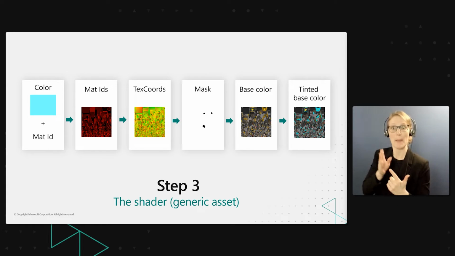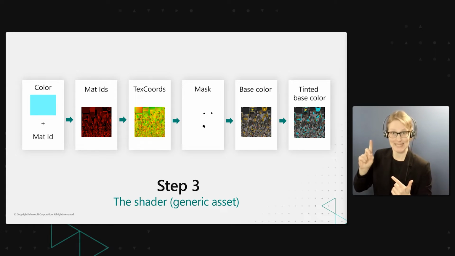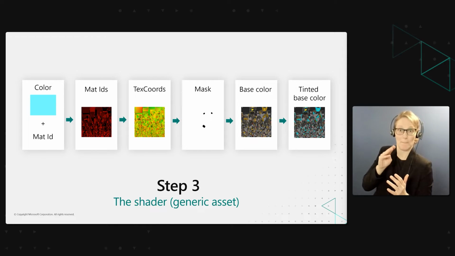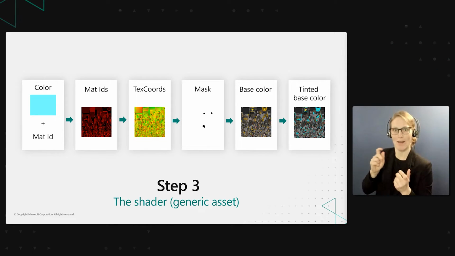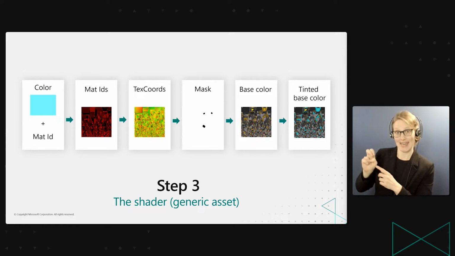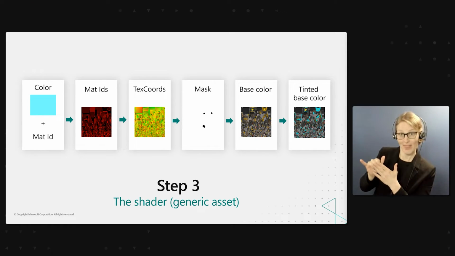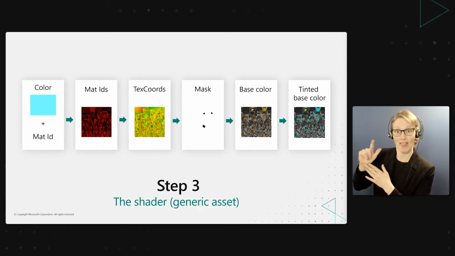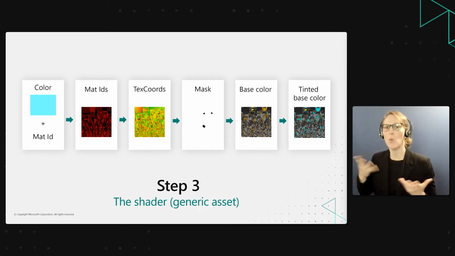Basically, I want to colorize this material ID to this color. Then when you're shading a pixel, you look up if that pixel has that material ID. Then you move on and check what the original texture coordinates were for this pixel.